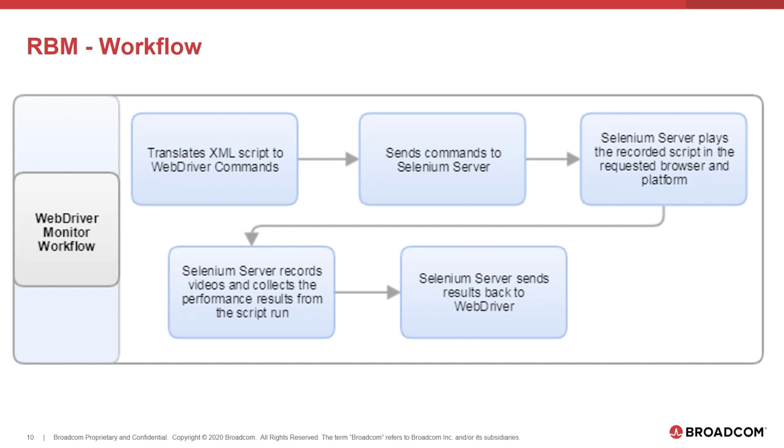We then in turn saved and tested the script, which behind the scenes sent the commands to the Selenium server. In turn, it plays the recorded script in the requested browser, and we then get a generated video recording of the journey and all the performance results from the script run, as you've seen in the waterfall chart and other metrics that were given.